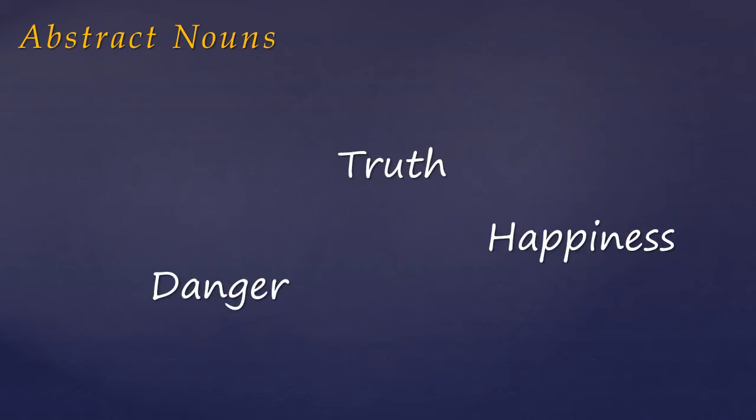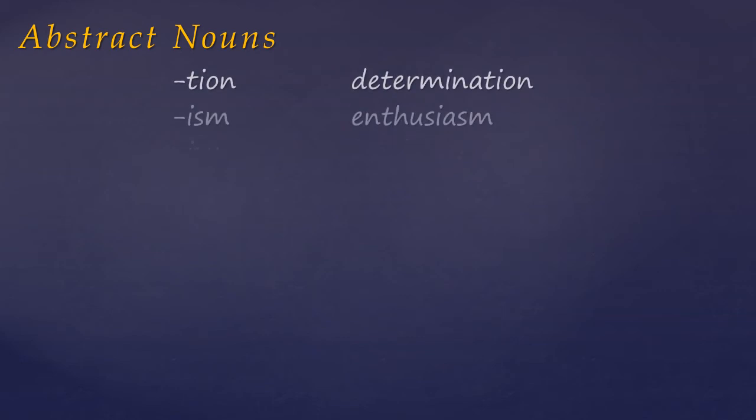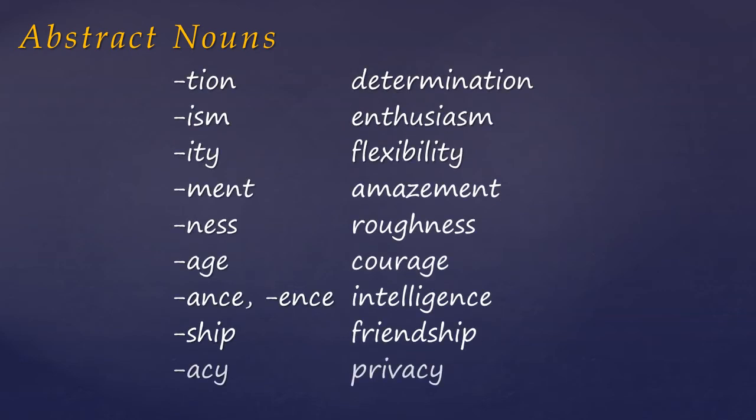Okay, so if we now look specifically at abstract nouns, an abstract noun is a word like truth, danger or happiness, and they denote an idea, quality or state rather than a concrete object. In English, they can be created in numerous ways, and one way is by the use of suffixes, and these are some common ones.